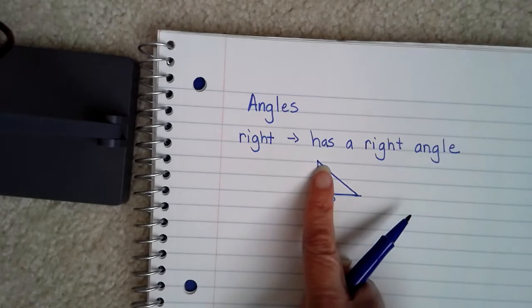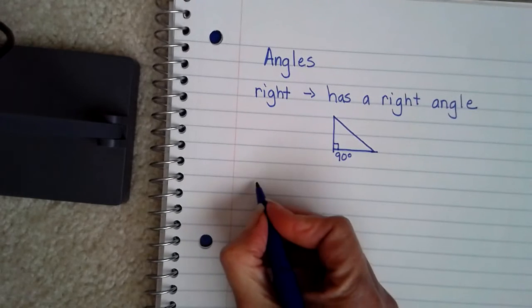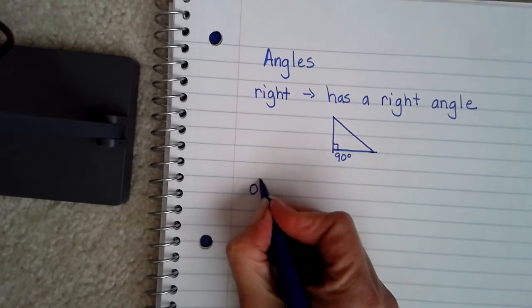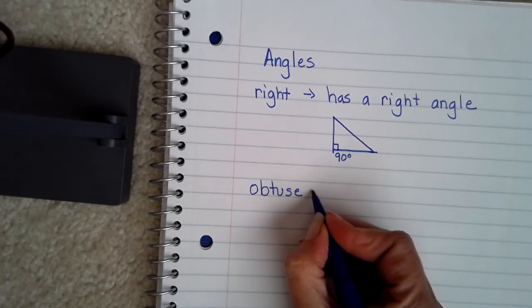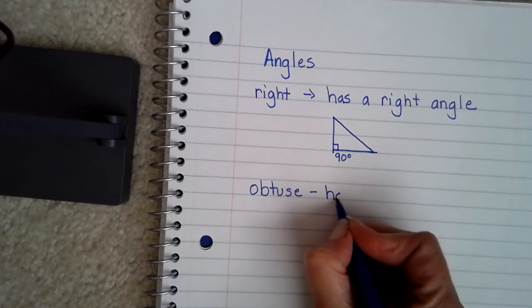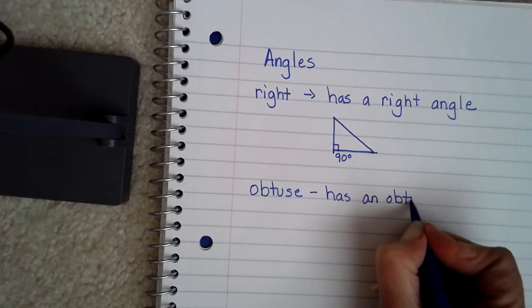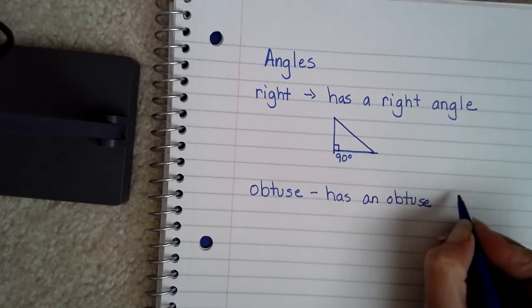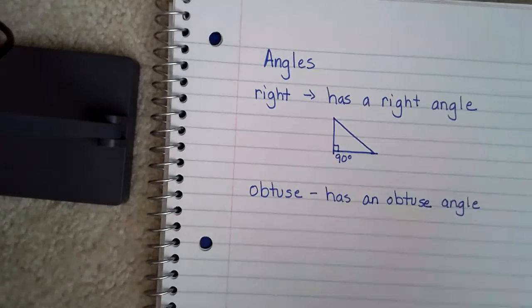Okay, and then these two are not right angles. The second type would be an obtuse. It's kind of a fun word to say. An obtuse triangle has an obtuse angle. And what that means is it's big, like an obtuse.